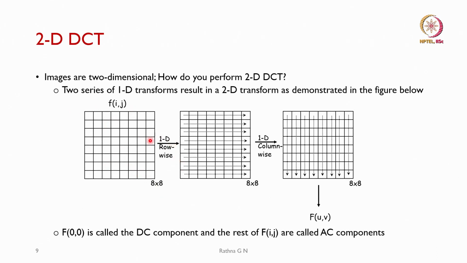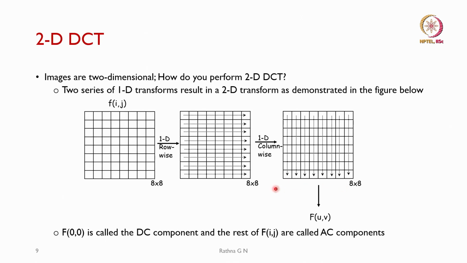First we do the 1D DCT row wise, shown here as row wise DCT. Then in the next stage, for this output, we do the 1D column wise DCT, since the DCT is a separable transform.